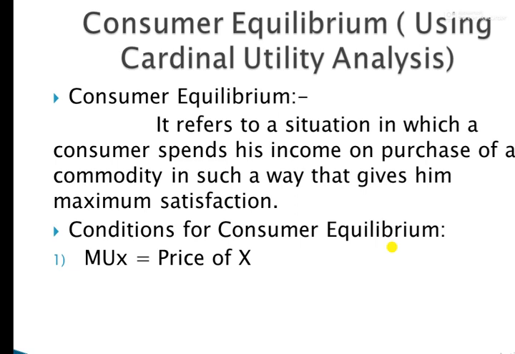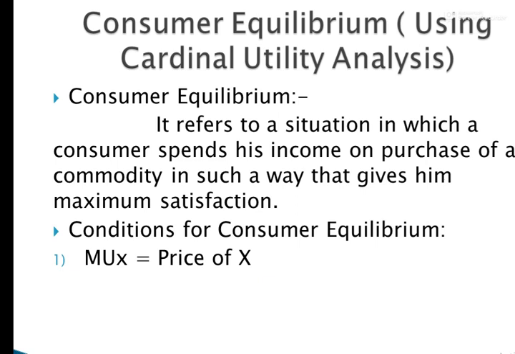Marginal utility from the commodity is what we are getting, and the price of the commodity is what we are paying. So what we are getting and what we are paying must be equal.